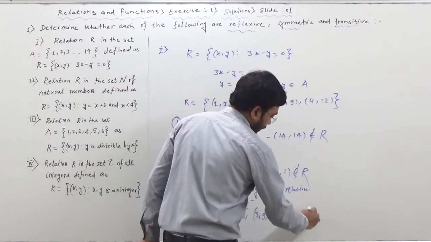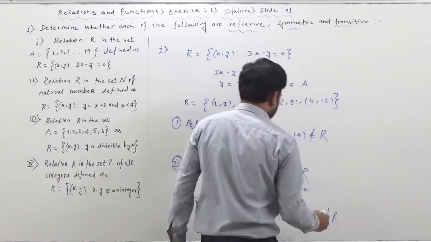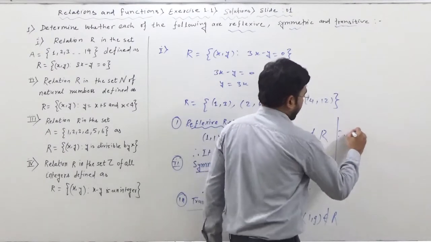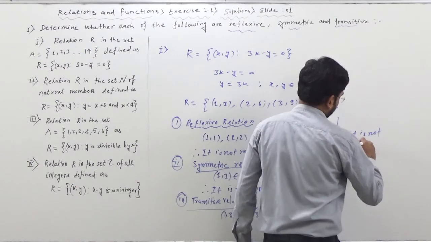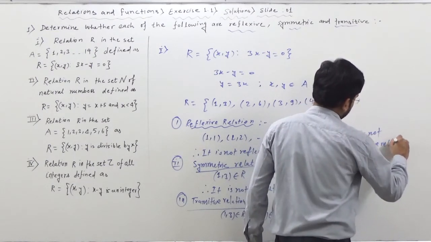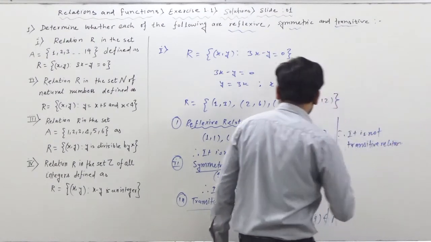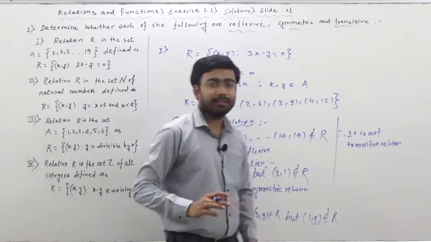But (1, 9) is not in this particular relation. Therefore, it is not a transitive relation, and hence it is neither reflexive, nor symmetric, nor transitive, and this is done.